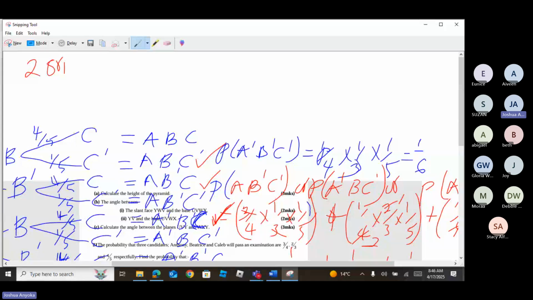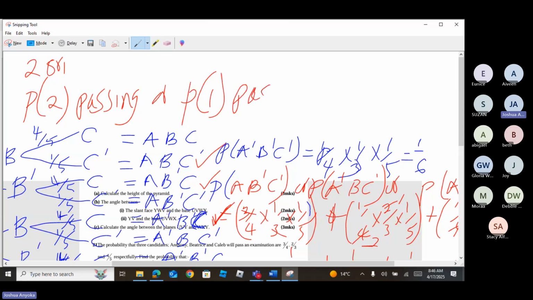At most 2 of them will pass. So it's the probability of 2 passing or the probability of 1 passing.